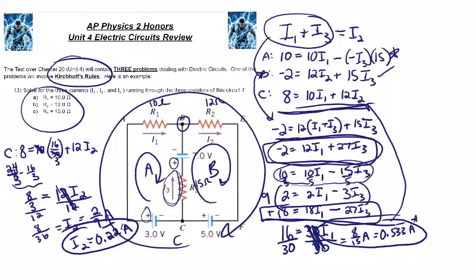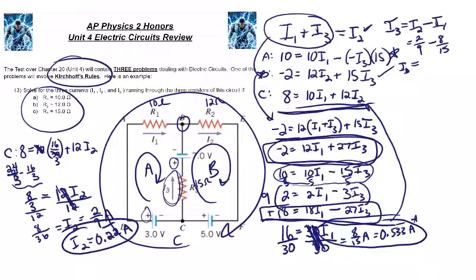Now I just have to figure out I3. I personally like to come back to this one because you don't have any numbers in front. So it's much easier to work with. This tells me that I3 would actually equal I2 minus I1. So this is going to be this 2/9 minus this 8/15. Let's see what we get for I3 here.